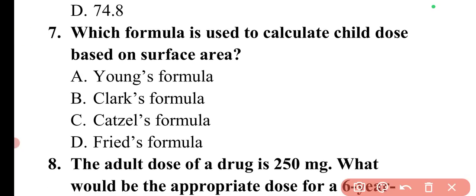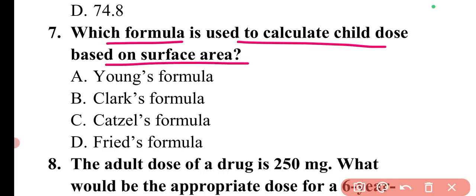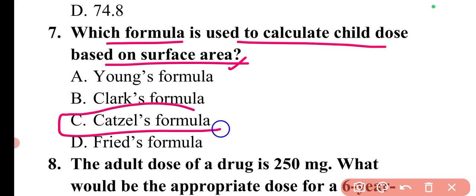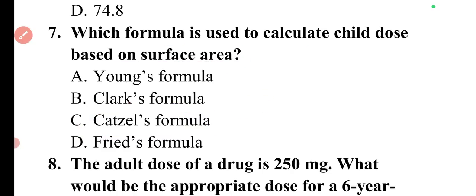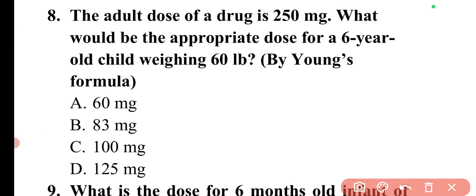The next question is, which formula is used to calculate child dose based on surface area? So based on surface area, we will use Quetzal's formula to calculate the child dose, and the formula we use we will be discussing later in this particular video only. Then the next question is, the adult dose of a drug is 250 mg.